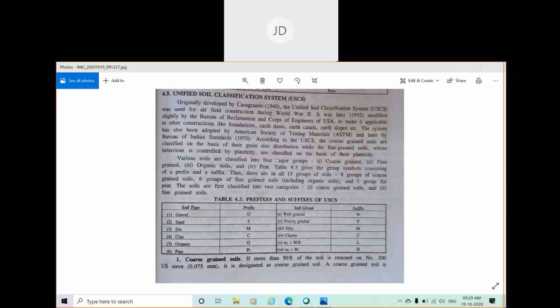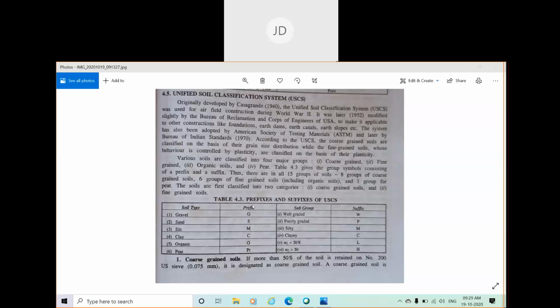Basically, the Unified Soil Classification System is divided under two heads. One for coarse grained soil and another for fine grained soil. There is a different classification for coarse grained soil and a different classification for fine grained soil. Here in this tabular format, you can see some symbols.